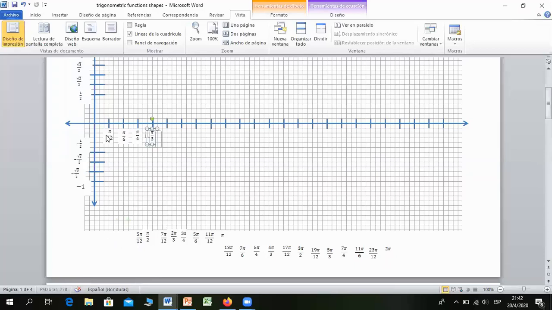So 4 pi over 12 becomes pi over 3, 5 pi over 12, then 6 pi over 12, which is pi over 2, and so on.